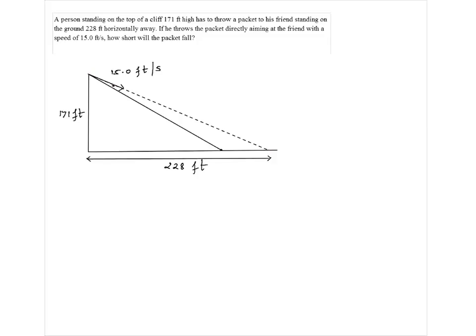Because it won't go straight. Why won't it go straight? Because it is not a gravity-free world. In a gravity-free world, it will go straight. But because of gravity, it will have to bend from its path and it will land somewhere earlier.